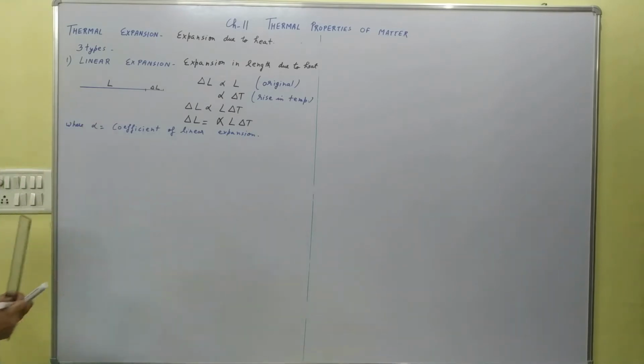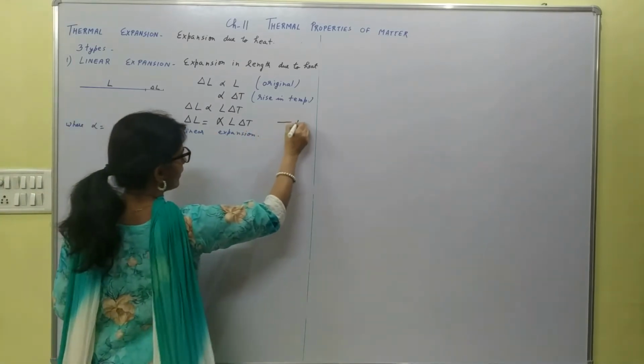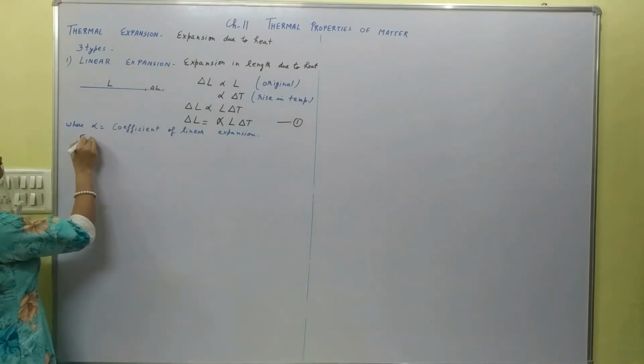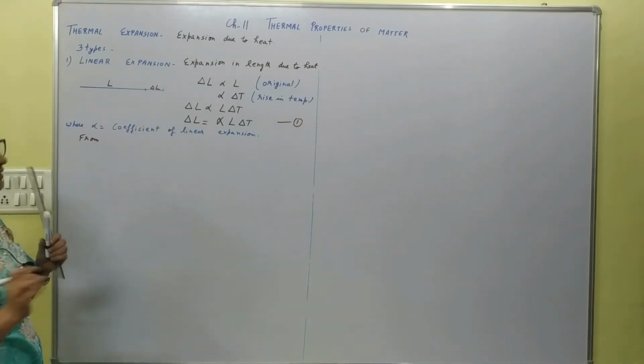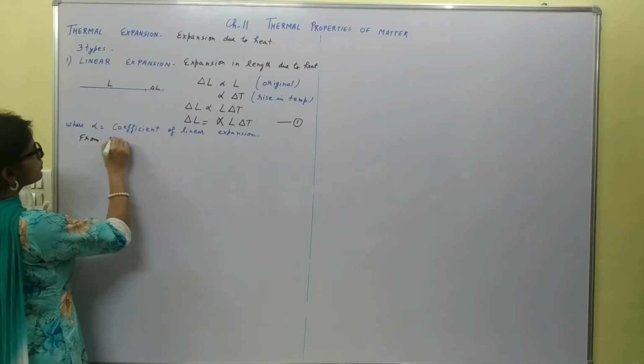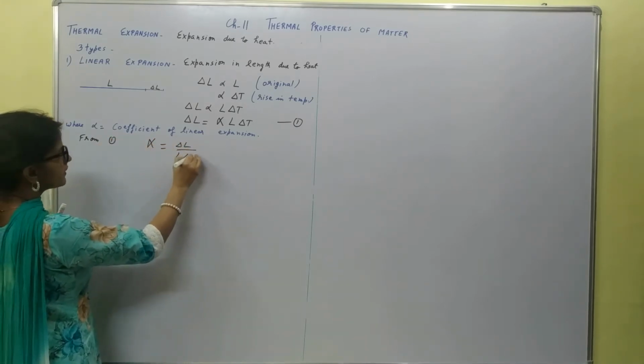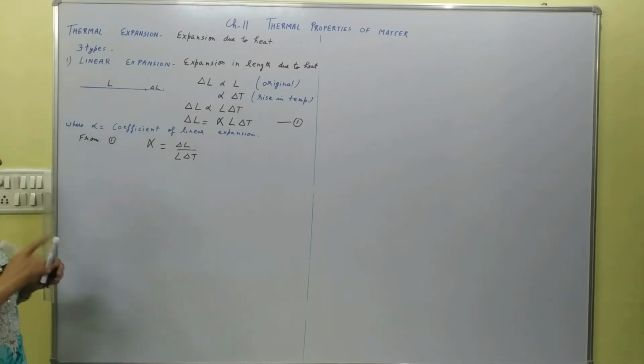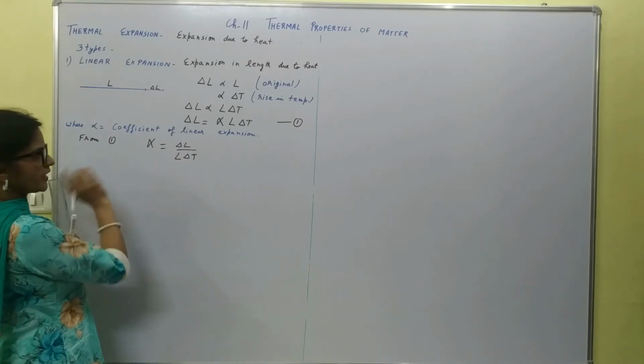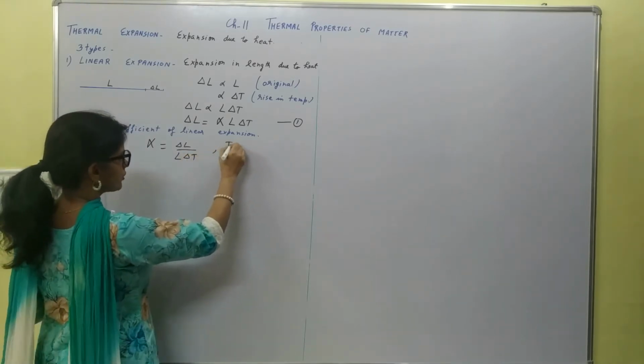Now the coefficient of linear expansion can be written as, if we mark this as 1, from 1 we can write alpha is equal to delta L upon L delta T, right? To define the coefficient of linear expansion, we can use this method.